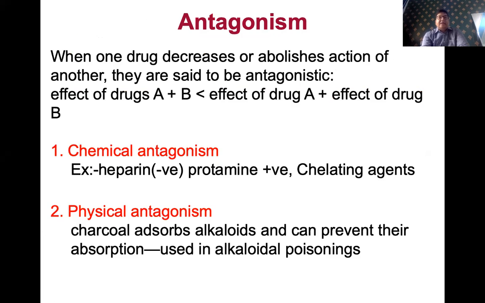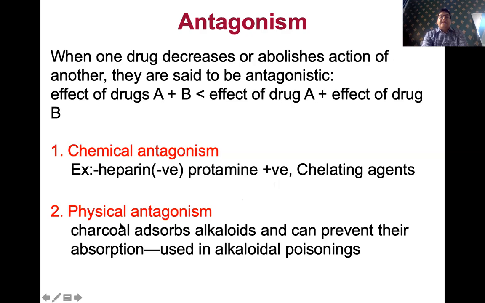Then there is antagonism, when the effect of one drug is decreased or abolished by the action of another. They are said to be antagonists. That means the effect of the combination of the drugs is less than the effect of the individual drugs. And the antagonism can be of different types, like chemical antagonism, where a drug like heparin is negatively charged and the antagonist is positively charged, so these form complexes. Another example is the chelating agent.